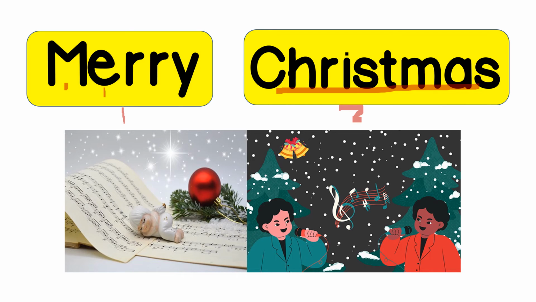Then we hear m, then r, and then Y at the end. In this one, we're going to hear the E sound. So remember, Y at the end, we can hear I or E. In this one, we hear E. Let's put it all together. m, E, r, E. Merry.